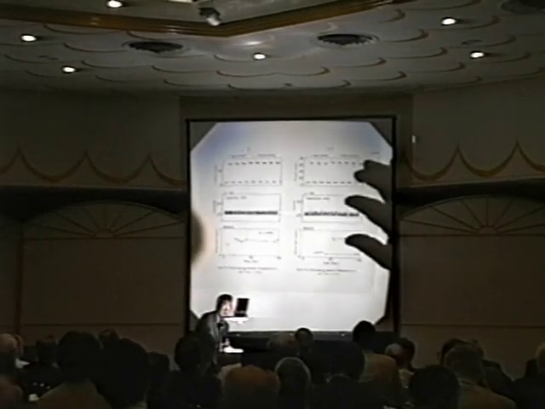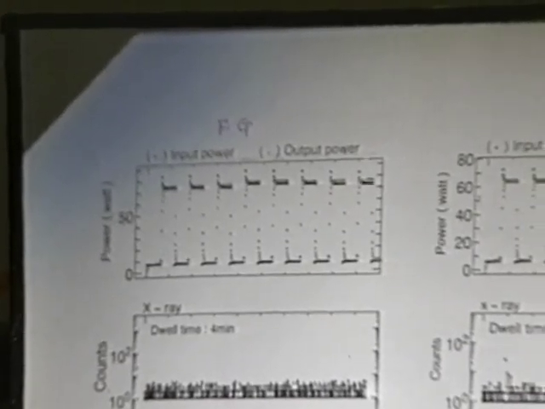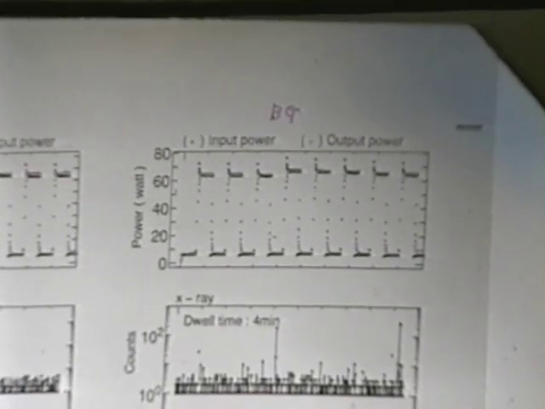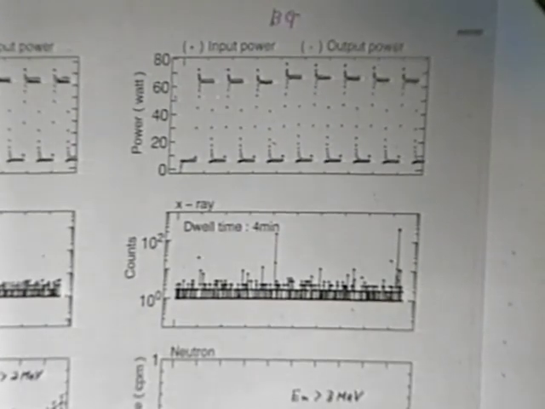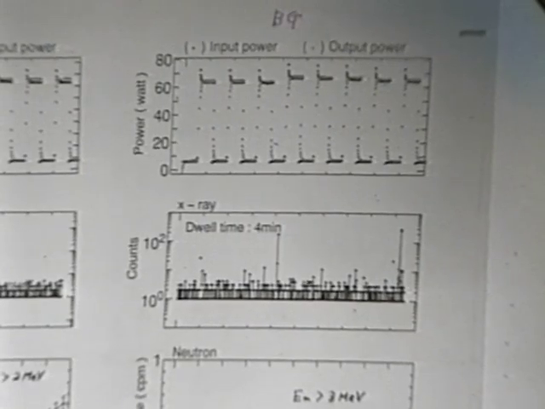And the succeeding results after this look like this. This is foreground, background. This is input and output. We are seeing a little bit of difference here, excess. This is for nickel, this is X-ray. We have nothing here. This is just background.